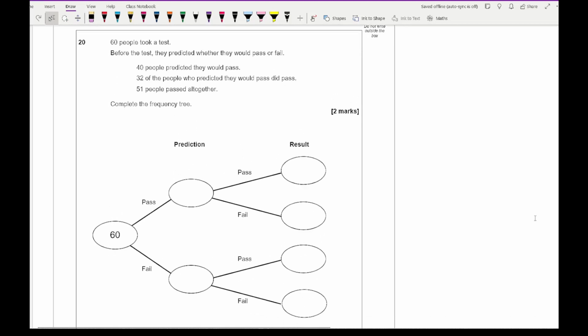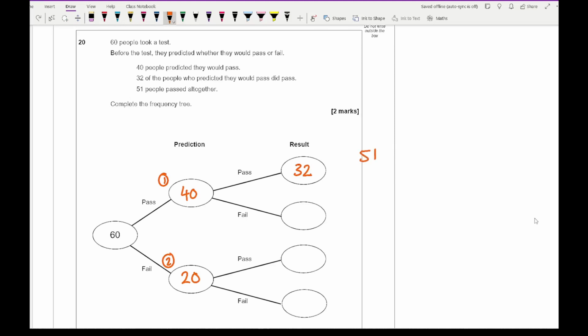So there we go. It says 40 people predicted they would pass. So this is going to be 40, and so that means that this box here is going to be 20. Let me just write little 1 and 2 in the order in which I'm doing it. It then says 32 people who predicted they would pass did pass. So this is going to be 32. And it said 51 people passed altogether.